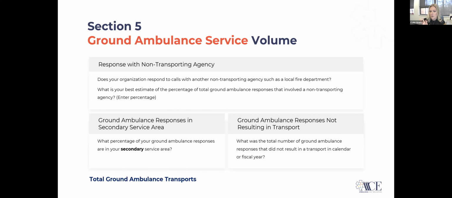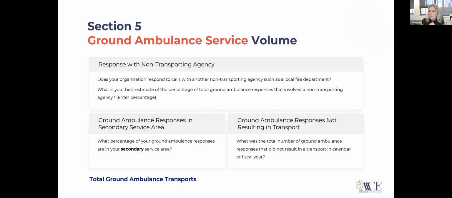And then they ask for what percentage of your ground ambulance responses were in your secondary service area. Again, they want to make sure that they're accounting for the volume that is outside of where you're expecting to need to respond, because there can be additional costs sometimes associated with having to go outside of our primary service area. In fact, there is.